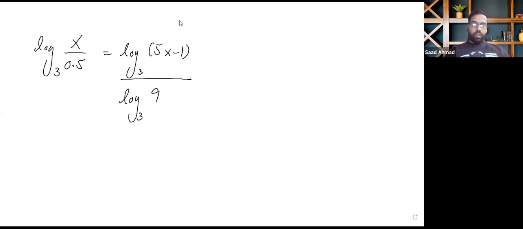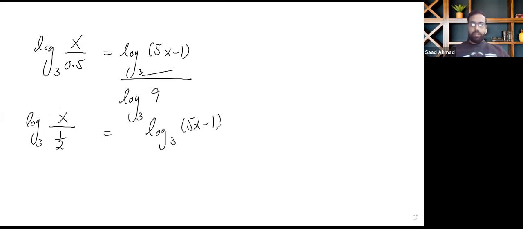Okay. So now let's start with this. So this 0.5, we can write it as 1/2. And on the right side, we have log 3 5x minus 1. And okay, now the answer, we can solve this, all right?